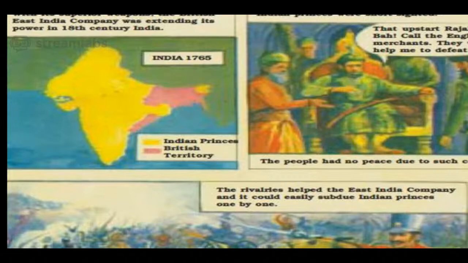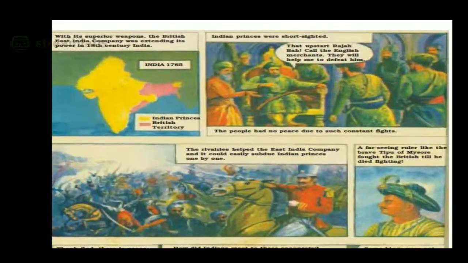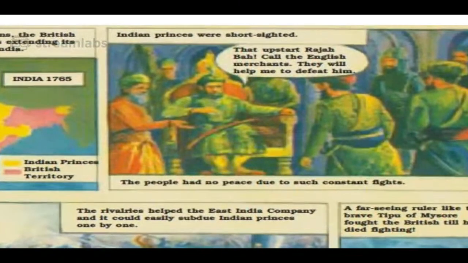built their forts, kept an army, and began to interfere in the internal affairs. Now, what helped them to expand their hold in India was the rivalry. Rivalry means dushmani, enmity.